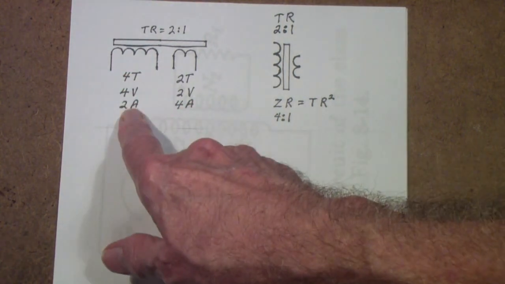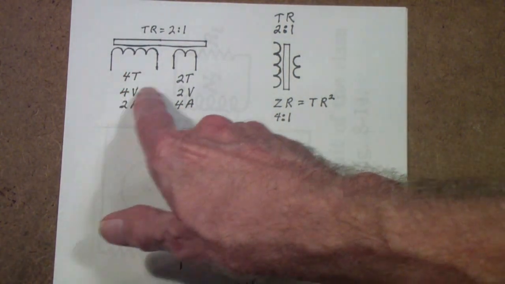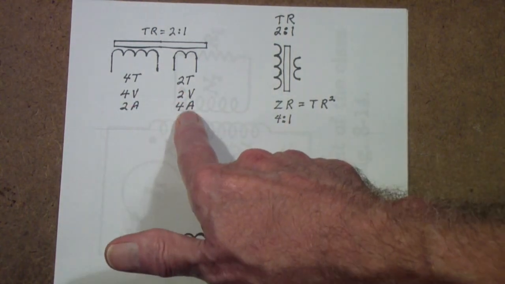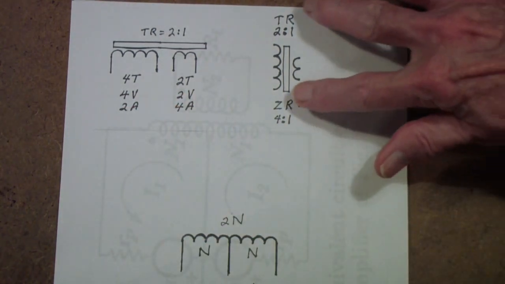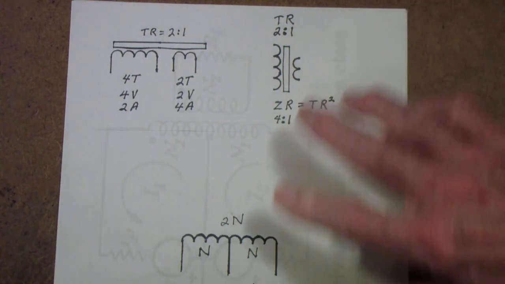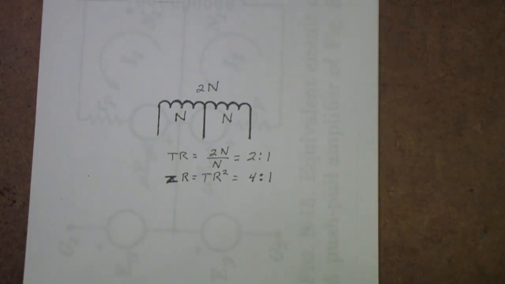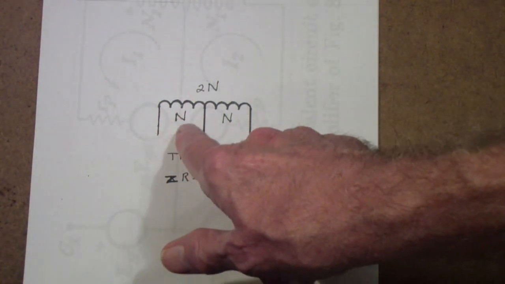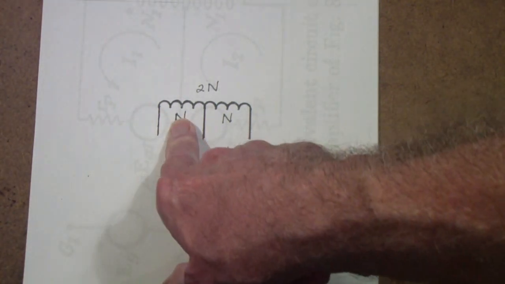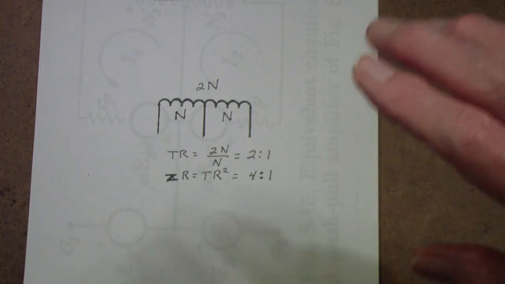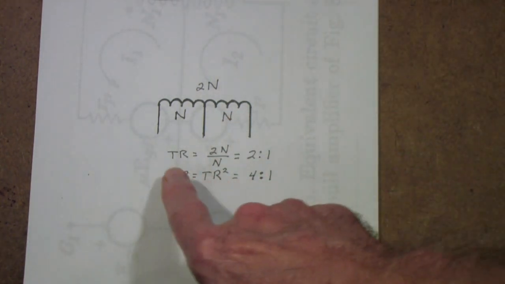As we saw already, the voltage follows the turns ratio. The amperage is the inverse, and the impedance is the turns ratio squared. So consider the output transformer like the one we just looked at, where there are a number of turns on one side of the primary, exactly the same number of turns on the other side, or at least you hope they're exactly the same.